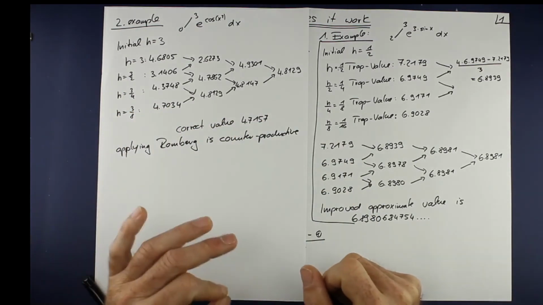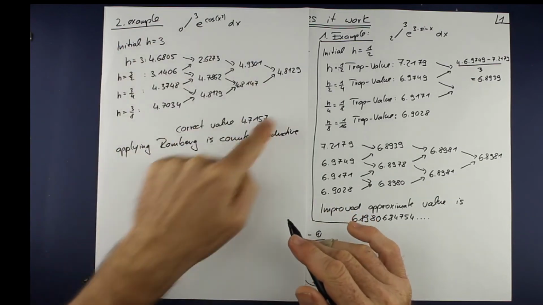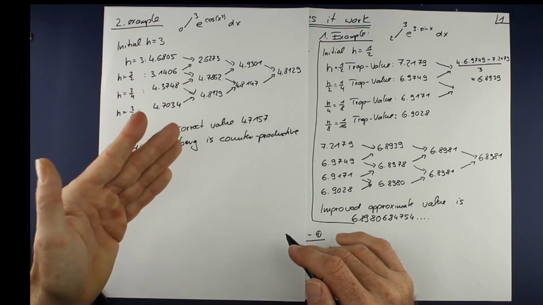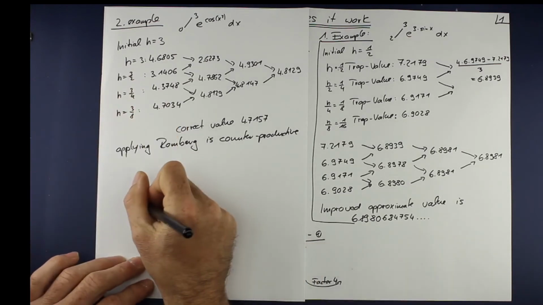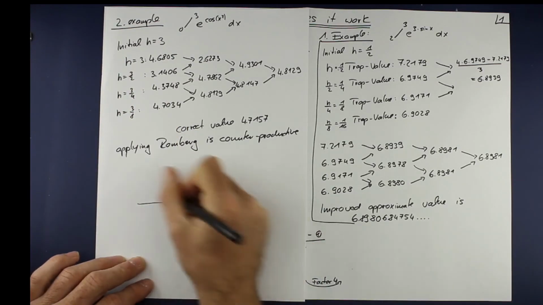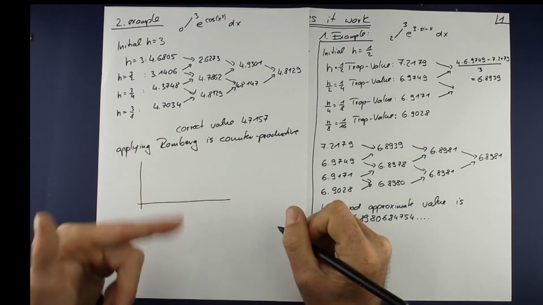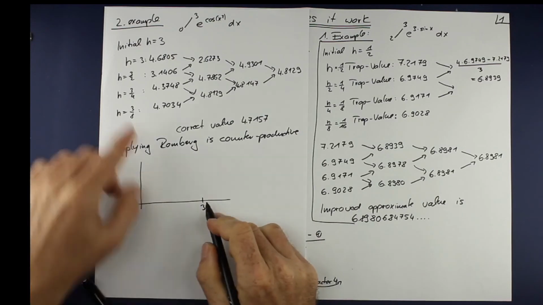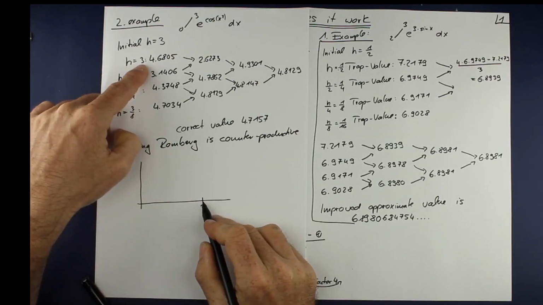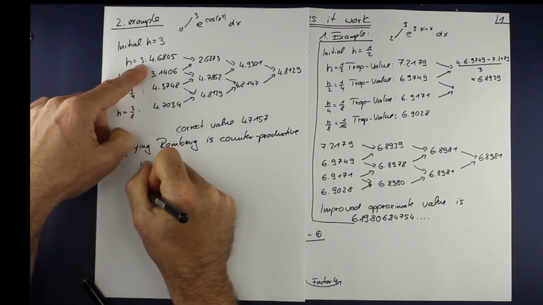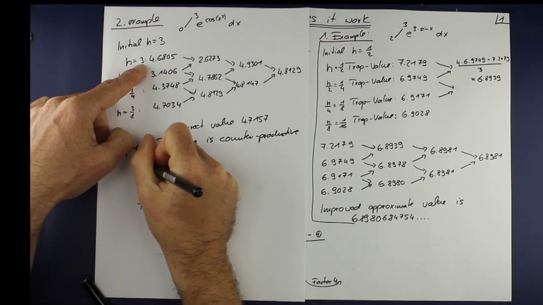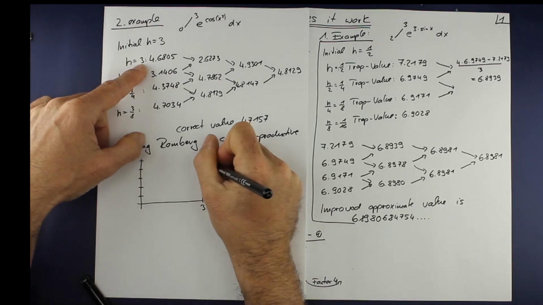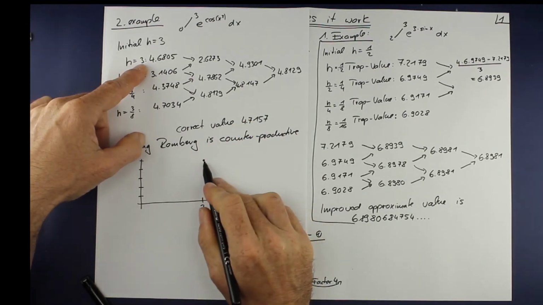And why? So this was a training. This training was great, but in this case, I want to give a warning. And this warning means, if you remember when we very first motivated Romberg, then we said, okay, let's use h is 3 and then we get some trapezoidal value. And in this case, this value is 4.6805.